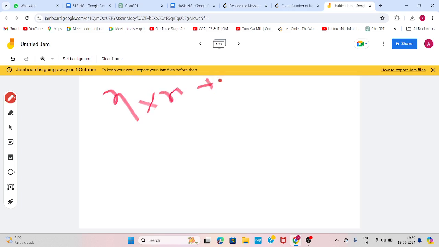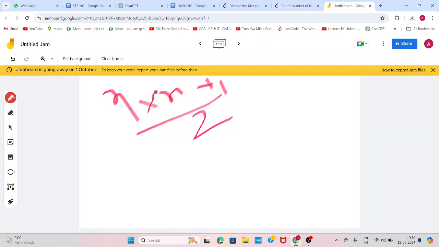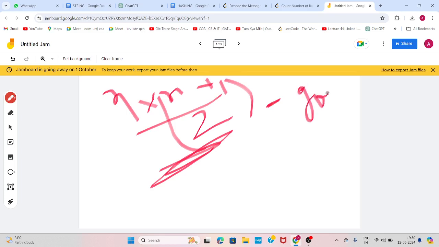If you don't know, please remember that if you have n elements, the number of pairs that will be generated from the n elements will be n into n plus 1 by 2. So we will check the total number of pairs minus the equal pairs. We are not able to find the not equals pairs directly, so we will find the equals pairs, that is the good pairs.